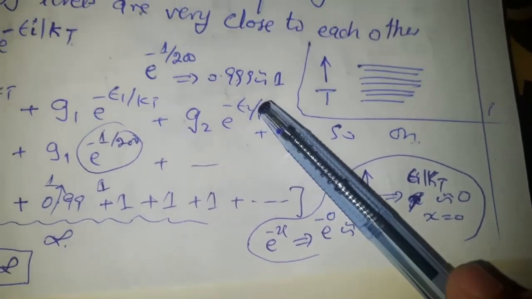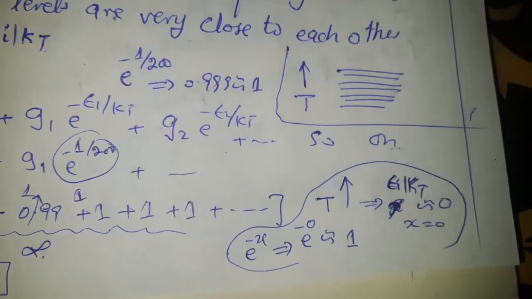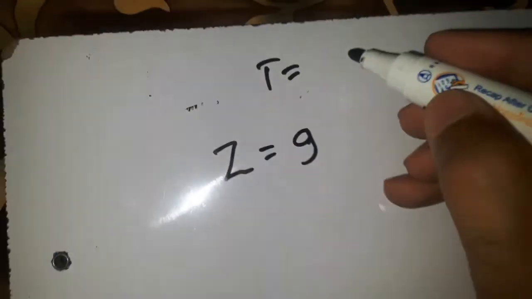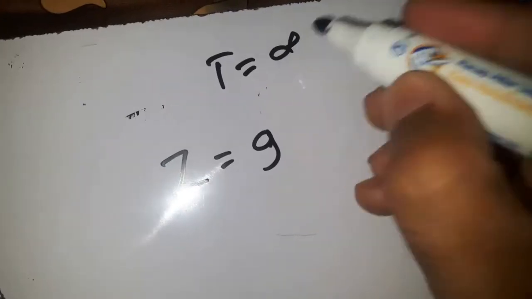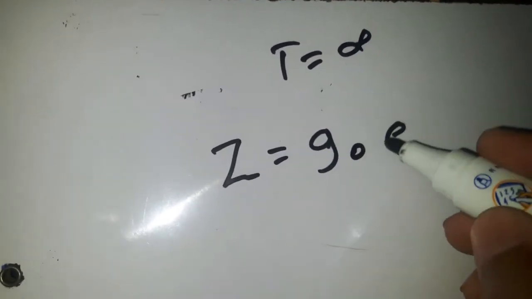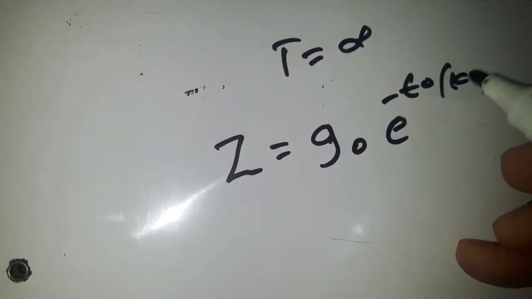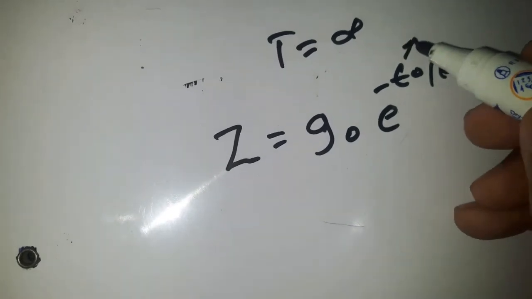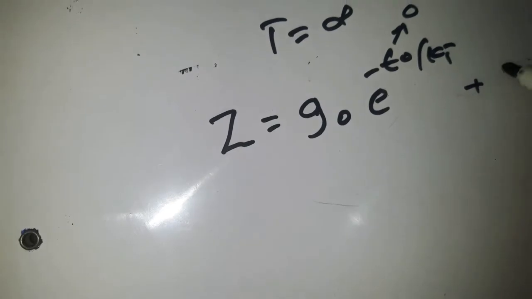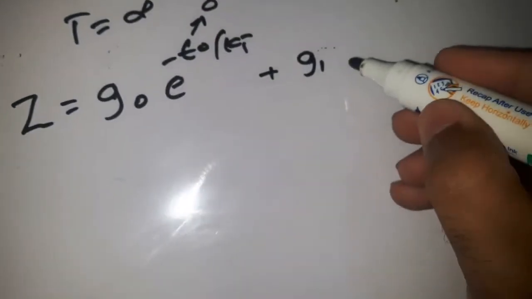So for example, taking Z for the high temperature approaching infinity, we have g naught e raised minus E naught over kT, where the energy is 0, plus g1 e raised minus E1 over kT, and so on.